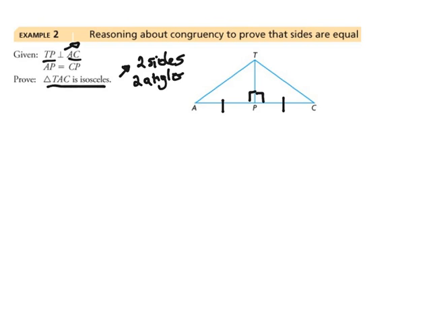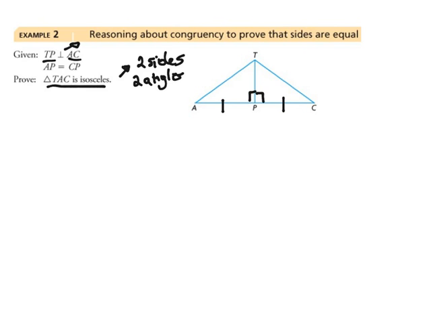So we have to basically prove that two sides or two angles are the same. The only way we could prove that is by finding that these two triangles right here, this one and this one, are congruent. And once we found out that these two triangles are congruent, that's the only way to find out that two of the angles are going to be the same. And therefore, if two angles are the same, the triangle TAC is an isosceles triangle.